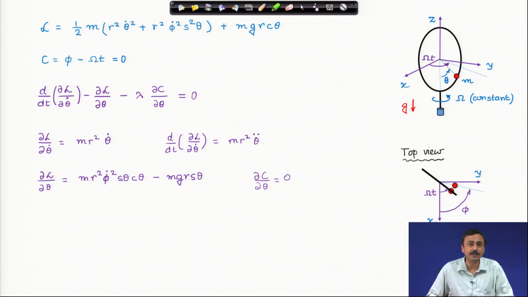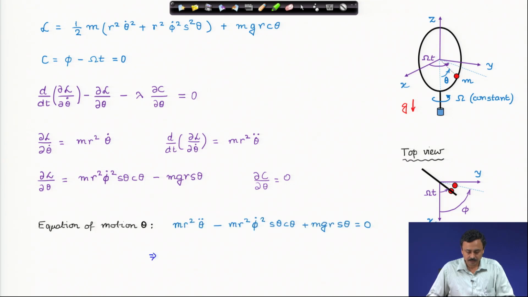We do not have any theta dependence in the constraint. Therefore, the equation of motion in the theta coordinate direction is this, which we can simplify a little bit more to get it closer to the pendulum equation. There is an additional term, of course, the second term.